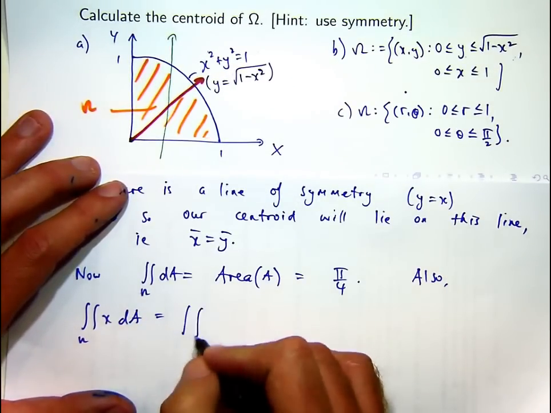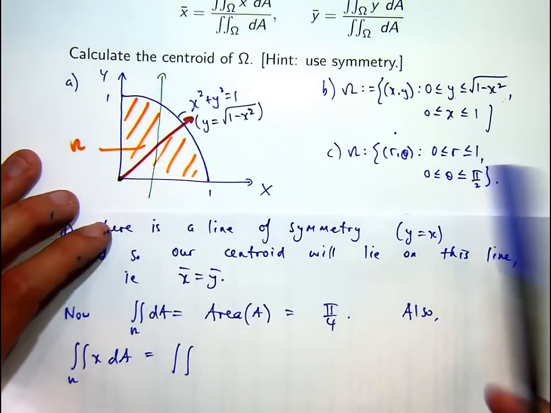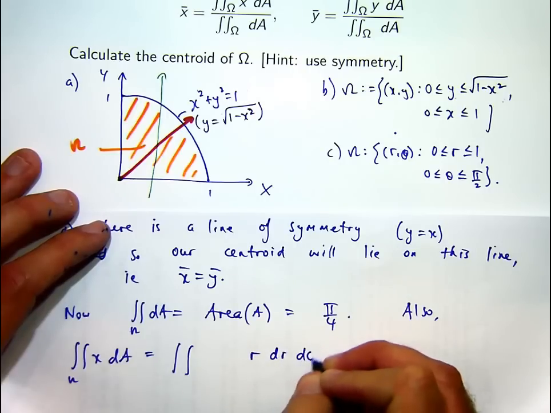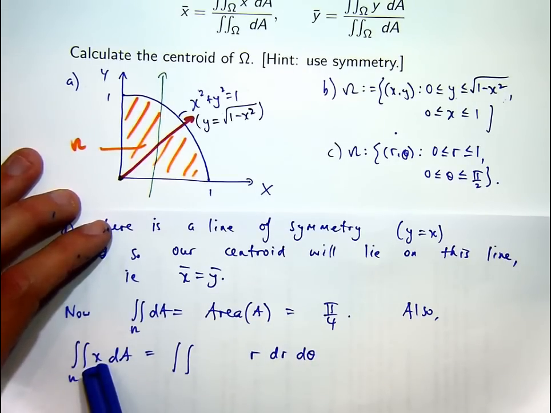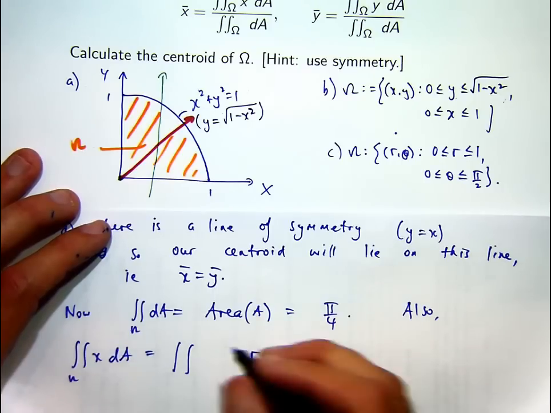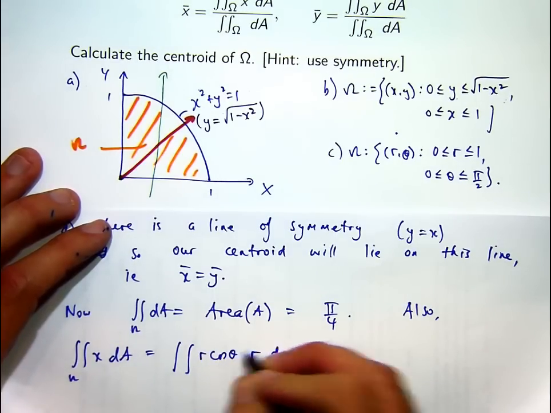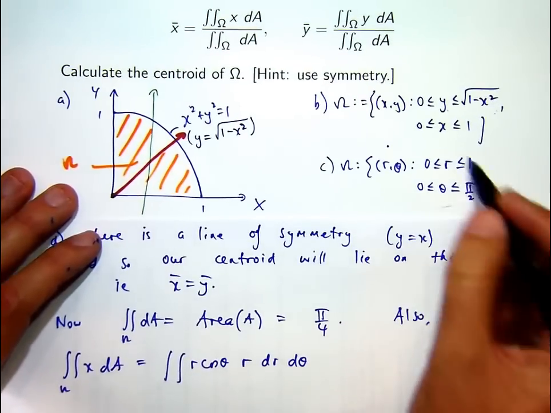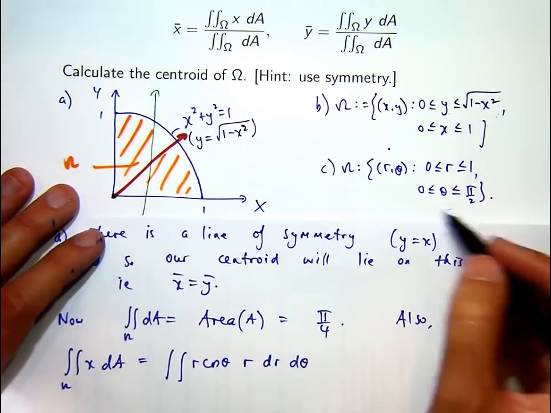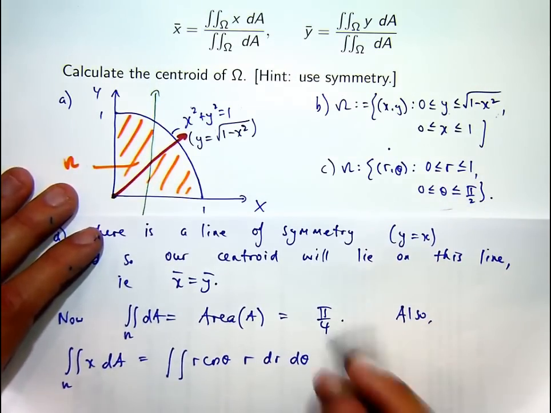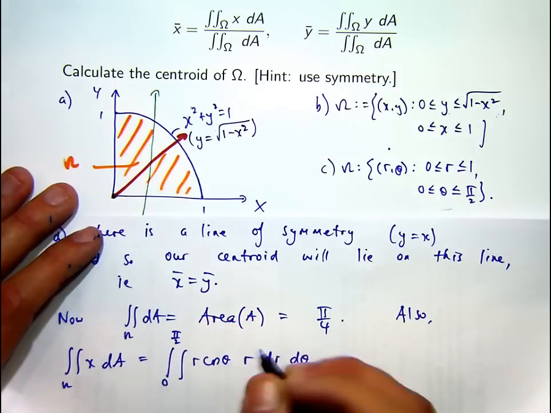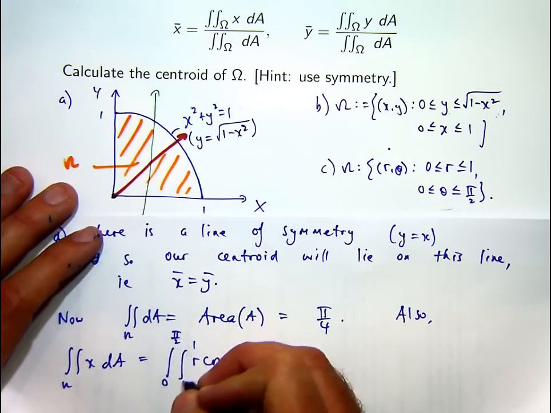So with polars, we replace dA with r dr d theta. We replace x with r cosine theta and y with r sine theta. There's no y's here though. Okay, and the limits of integration are formed from these limits up here. Okay, so the d theta's on the outside, so we would have the theta limits on the outside integral.